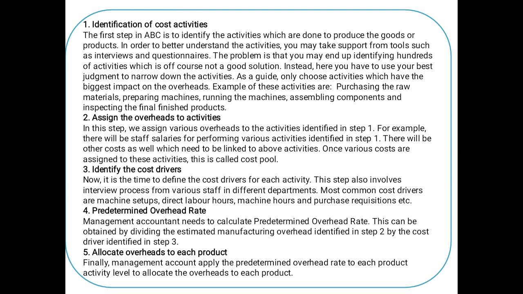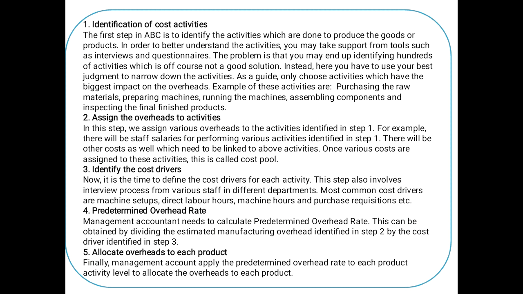On that basis, you can assign the different overhead costs to a particular activity. For example, direct labor hours: how many working hours were spent by labor on the particular activity? On that basis you can assign the overhead to that activity. Machine hours and purchase requisitions are other examples.